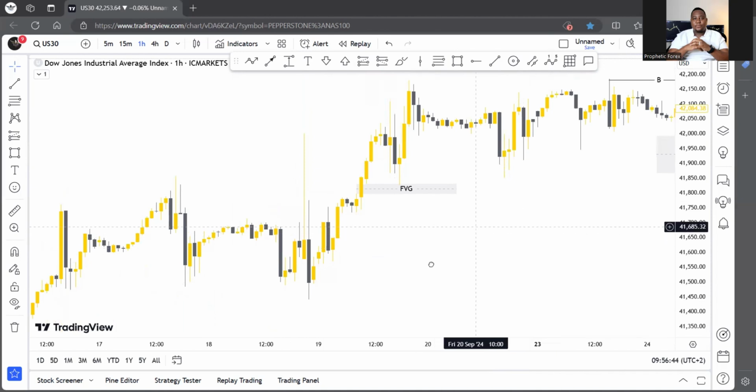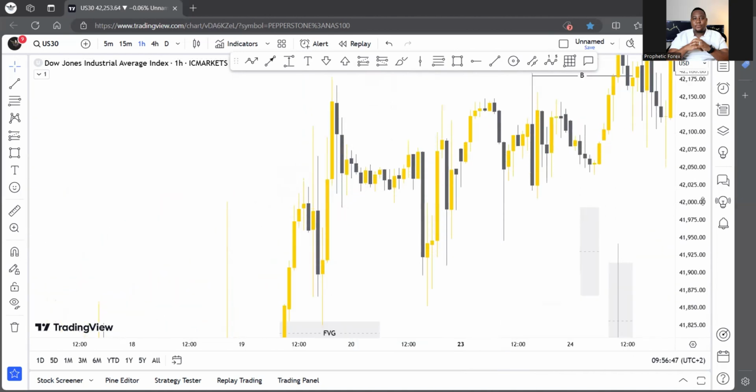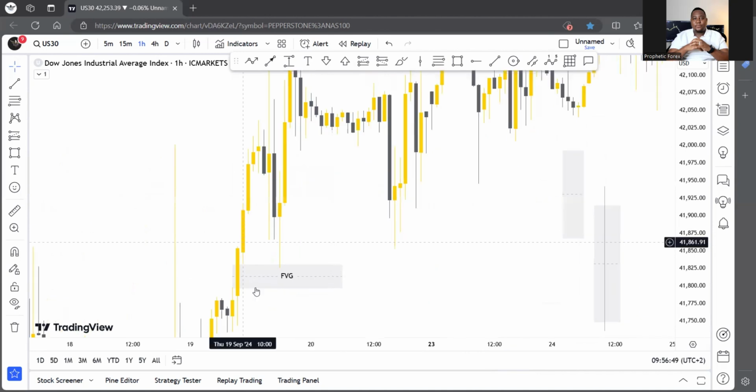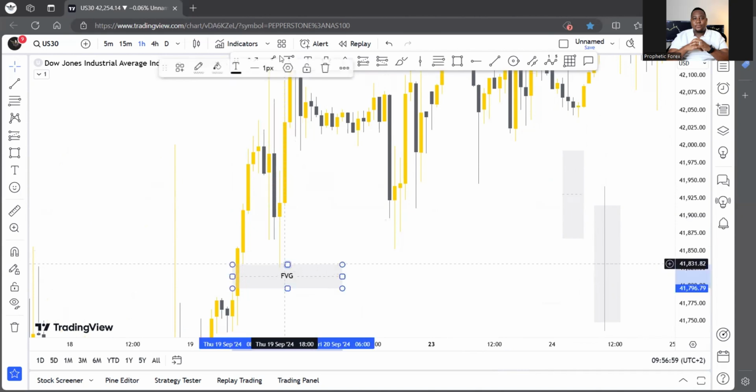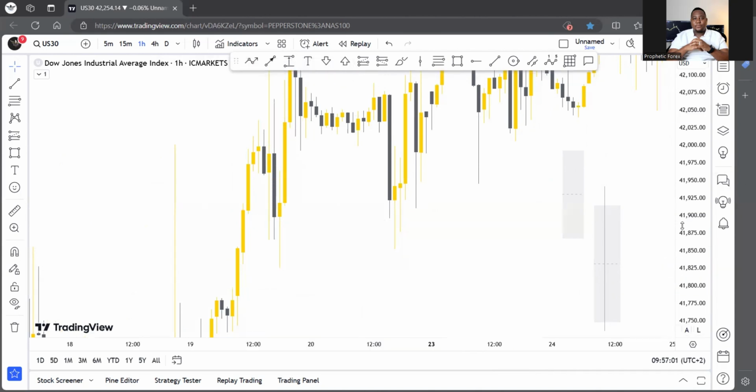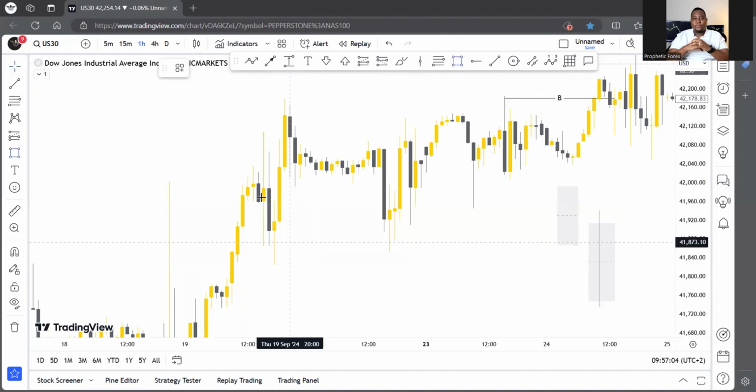Otherwise, just wait for the market to pull back to a supply. For example, I would have entirely avoided all of this. I would see it created an impulse over here, creating for us a higher low. You can see that higher low that was created. From then on, the market gave us a drop.